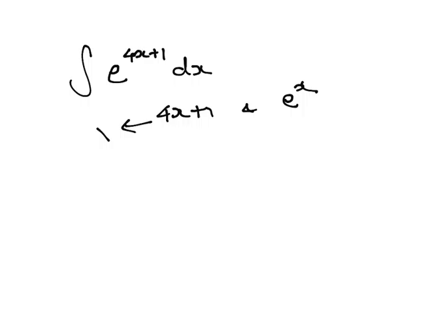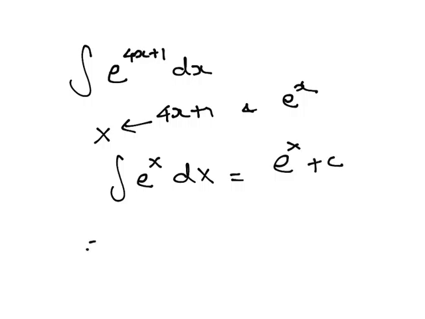So I'm going to take this linear function as capital X. So it looks like I have e power capital X dx. We know that the integral of e power x is nothing but e power x plus c. Hence the answer is e power, I'll replace x with 4x plus 1, but I'll divide this function by the coefficient of x, which is 4, plus c. So this is the answer for the problem.